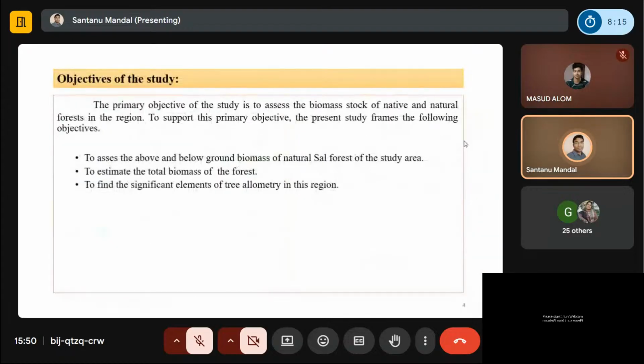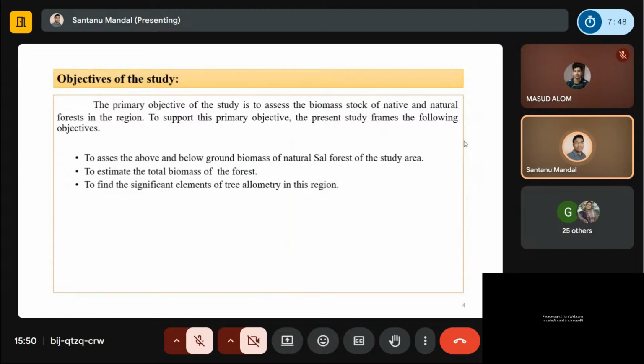The primary objective of the study is to assess the biomass stock of native and natural forest in this region. To support this primary objective, the present study framed the following objectives: to assess the above and below ground biomass of natural forest of the study area, to estimate the total biomass of the forest, and to find the significant element of tree allometry in the region.